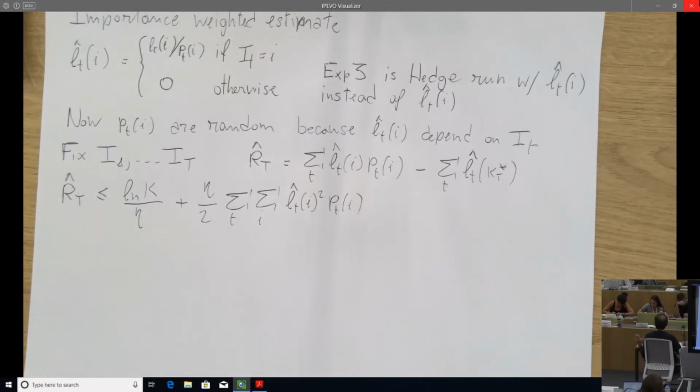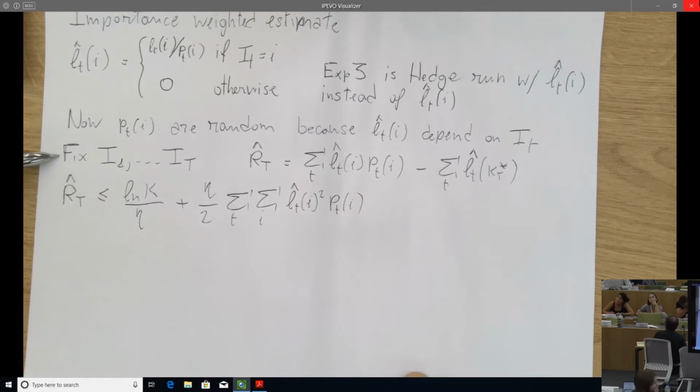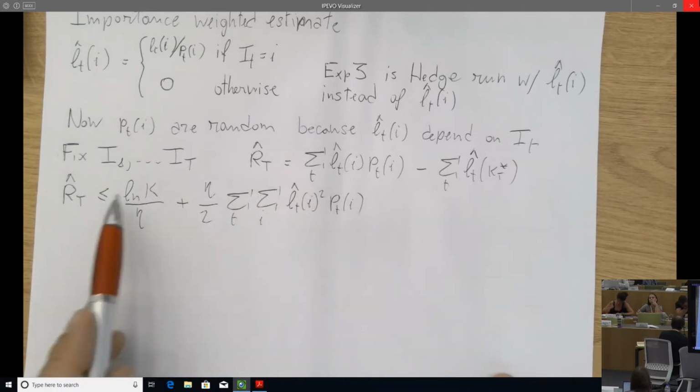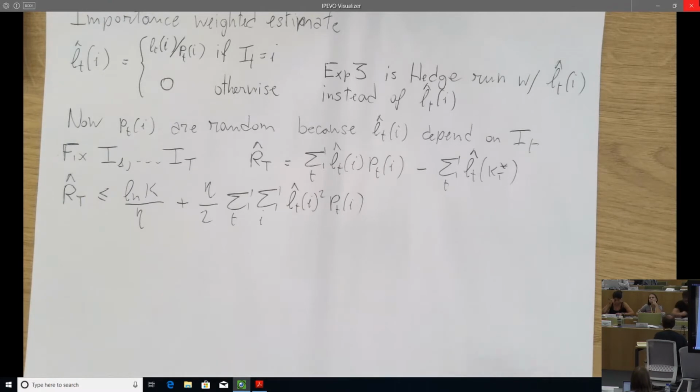So it's formally correct. It doesn't mean much so far, but I just used the algebra I developed yesterday. I just fixed anything random. So this is just a formal algebraic relationship between R hat and this upper bound.